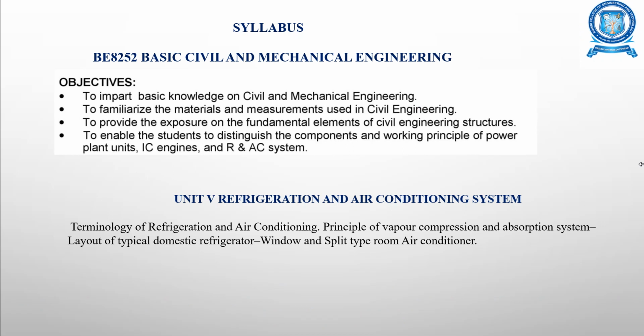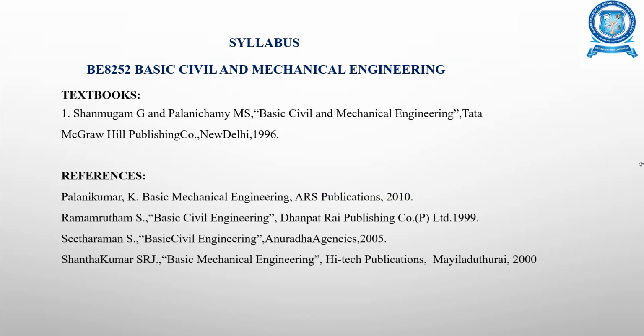So here in this Unit 5, the syllabus for refrigeration and air conditioning systems are the terminology of refrigeration and air conditioning, the principle of vapor compression and absorption system, and the layout of typical domestic refrigerator, window, and split type room air conditioner.